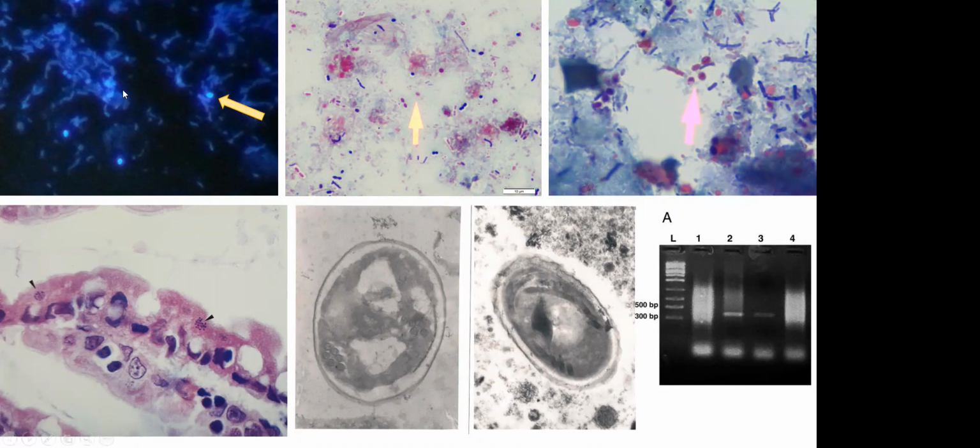Starting at the top left, you can see these bright electric blue structures. These are microsporidial spores which have been stained by calcofluor white, which is classed as a fluorescence whitener.